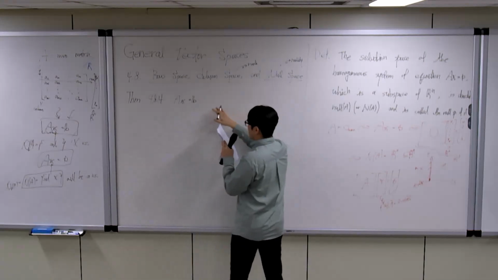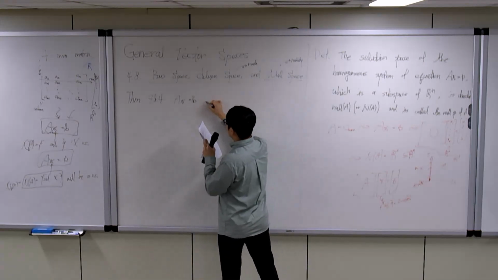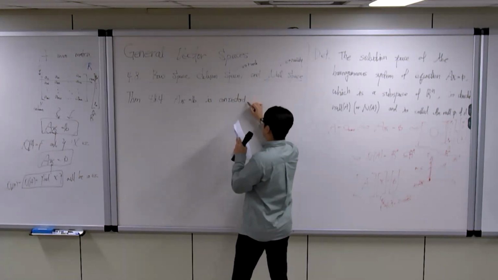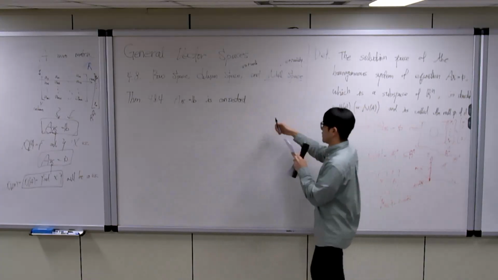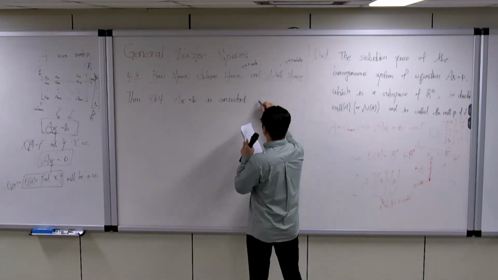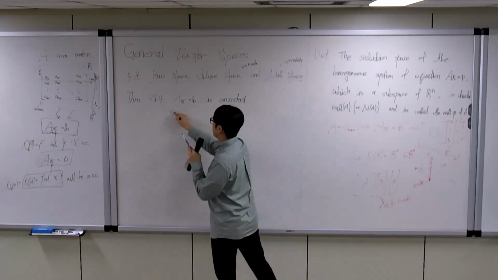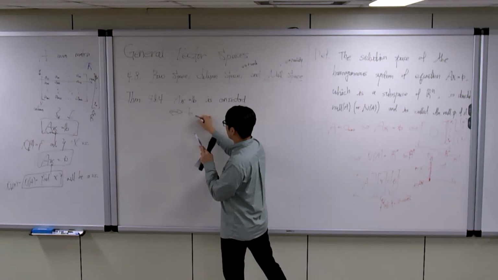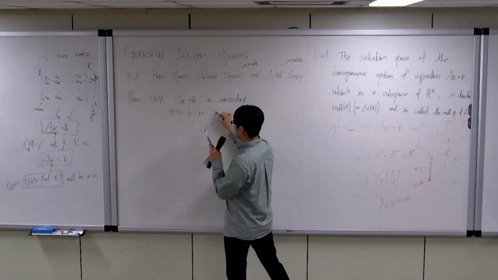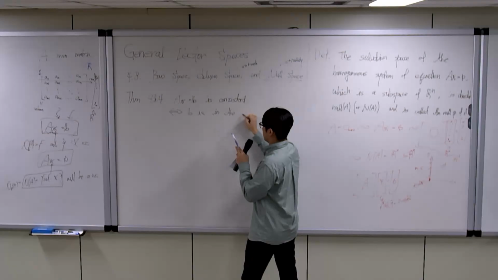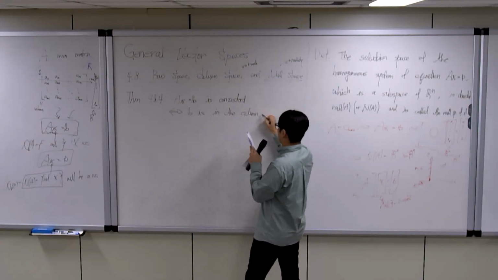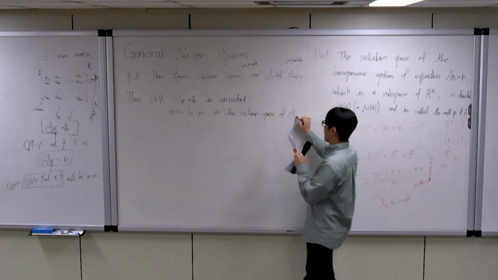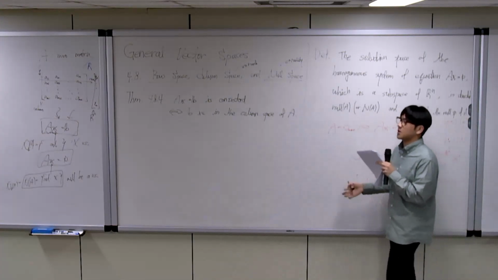A linear equation Ax = b is consistent, meaning it has at least one solution, if and only if the vector b is in the column space of A.